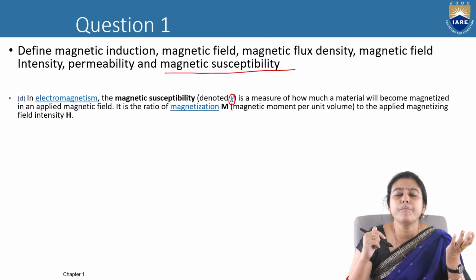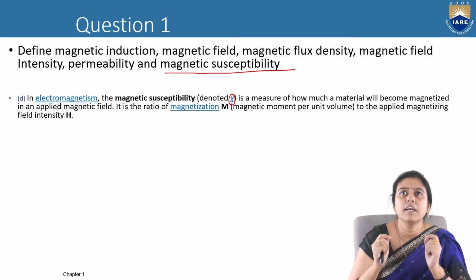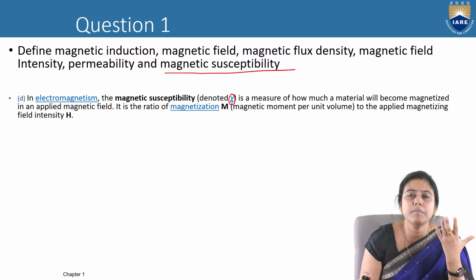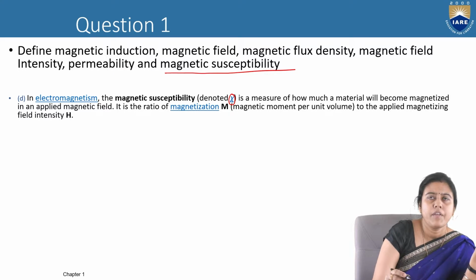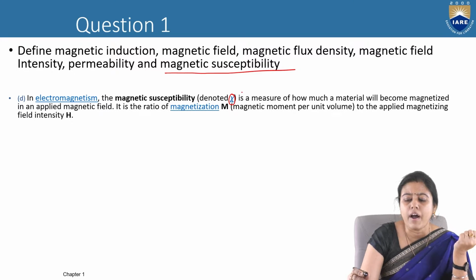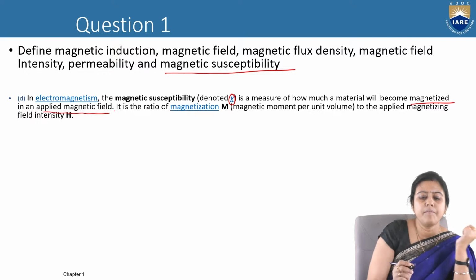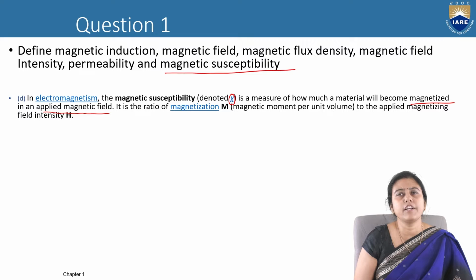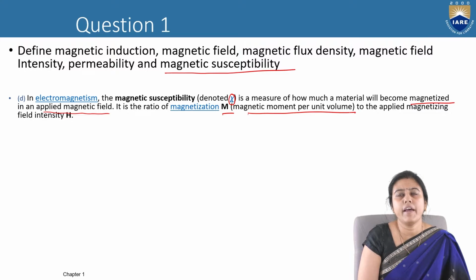Now, if we want to turn it into an electromagnet, how much magnetism is required, how much force we must give to convert it into a magnet. So magnetic susceptibility is a measure of how much a material will become magnetized in an applied magnetic field. It is the ratio of the magnetization M, that is the magnetic moment per unit volume, to the applied magnetizing field intensity H.